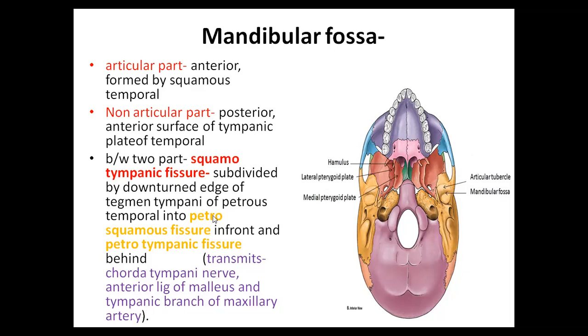You need not remember such minute details, but you should have some idea. There is one mandibular fossa where the head of the mandible fixes to form the temporomandibular joint, and it is divided into an articular and a non-articular part, in between which is the squamotympanic fissure. Very close by are the petrosquamous and petrotympanic fissures, and a few structures pass there.